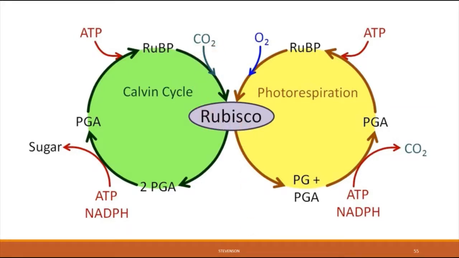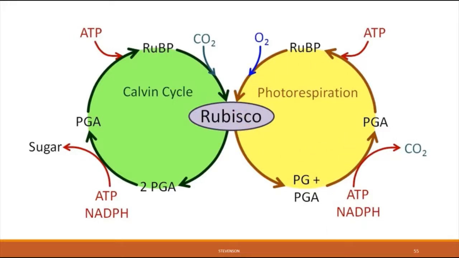And Rubisco is not an intelligent enzyme. It will simply grab whatever molecules are in its vicinity and attach them to RuBP. So if there's more CO2 around, then it will primarily do its job in the Calvin cycle. On the other hand, if there's more O2 around, then it primarily will do photorespiration.